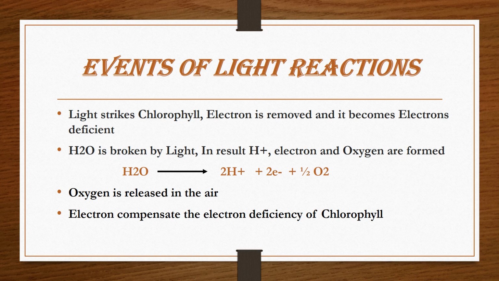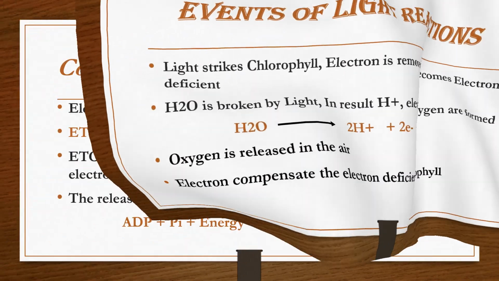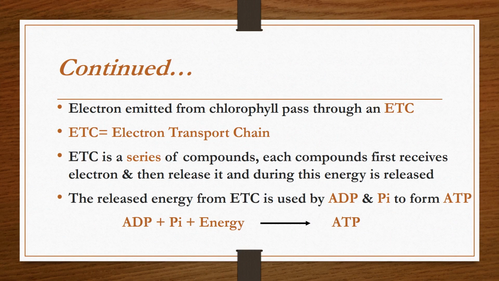Electrons enter into the chlorophyll to compensate the electron deficiency. The electron emitted from chlorophyll passes through an ETC. I said that in the light reaction, an electron was removed from chlorophyll when the light fell on it.